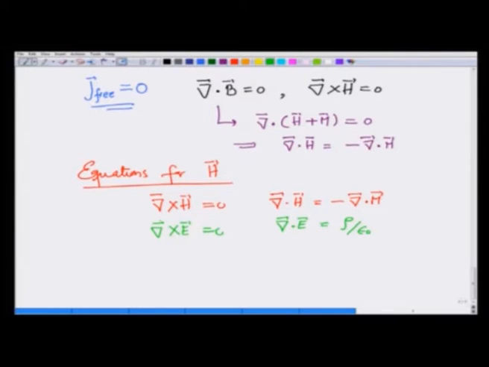So, in this case, when there is no free current, I can treat this quantity here as some sort of a magnetic charge, and of course curl of H is 0. So, I can do a calculation treating this minus del dot M as magnetic charge, as if I am calculating the electric field due to this charge.